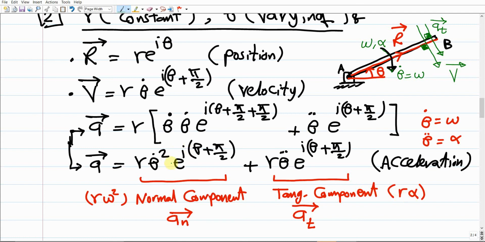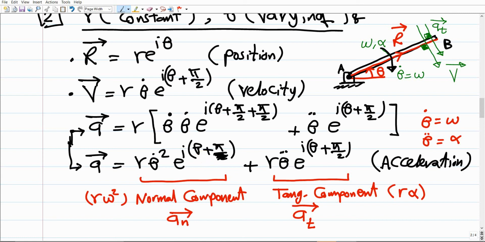How about the normal? The normal should be opposite. I messed up here, this term should be pi, not pi over 2. Why? Because we already have pi over 2 plus pi over 2, so this gives us pi. If you consider the direction of the normal acceleration, you're going to find there is a shift by 180 degrees.